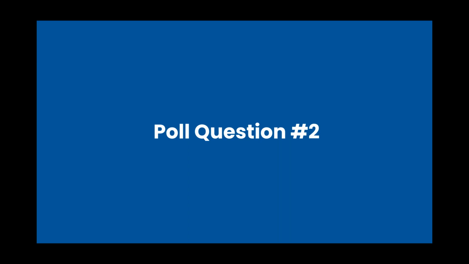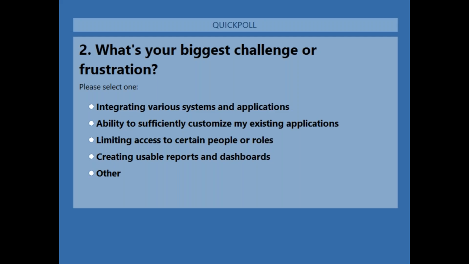The question I'm about to load here is, what is your biggest challenge or frustration? Maybe it's integrating with other systems. Go ahead and take an answer there. Is it the ability to sufficiently customize? Is it limiting access to certain people or roles?